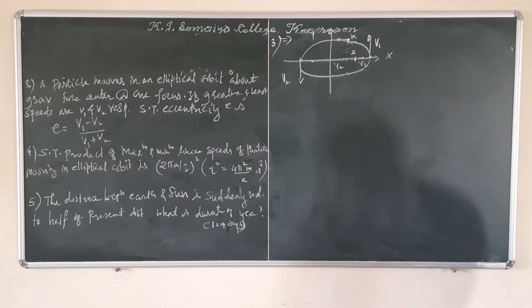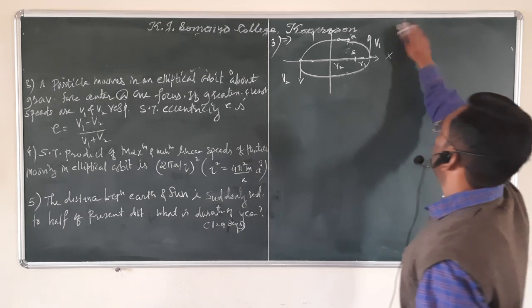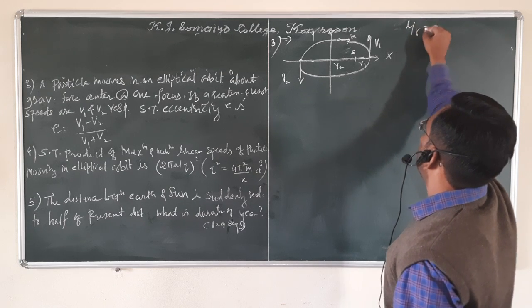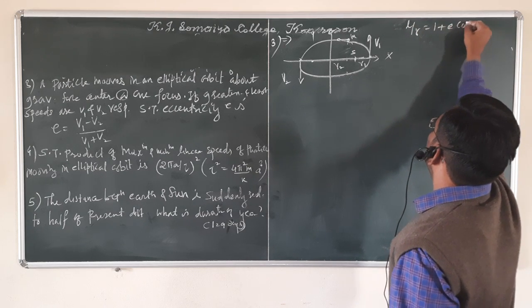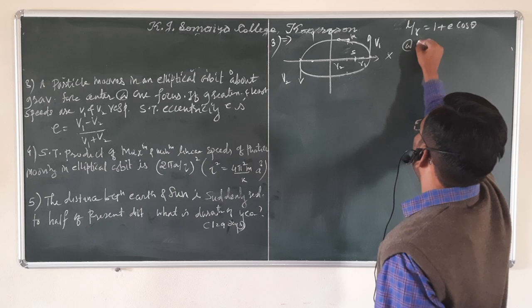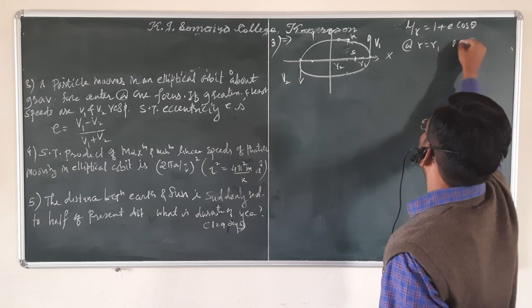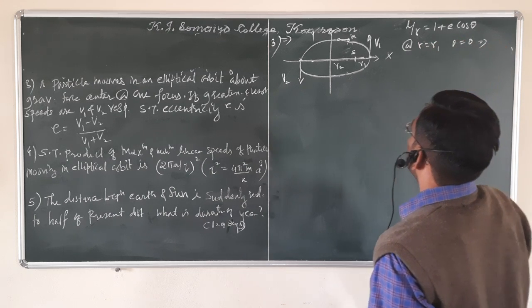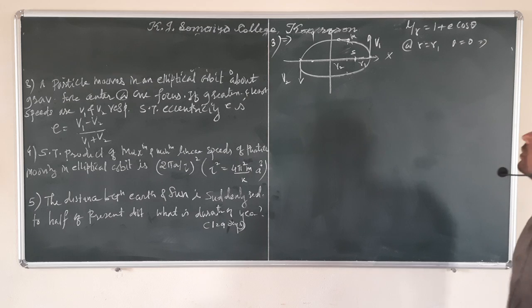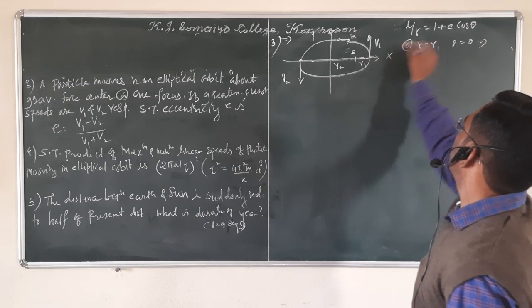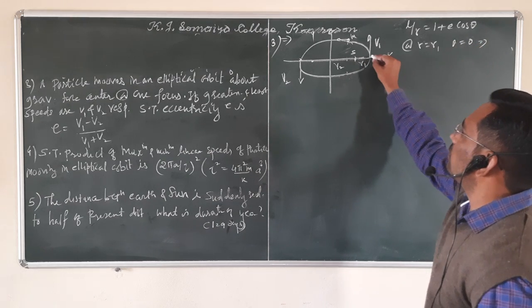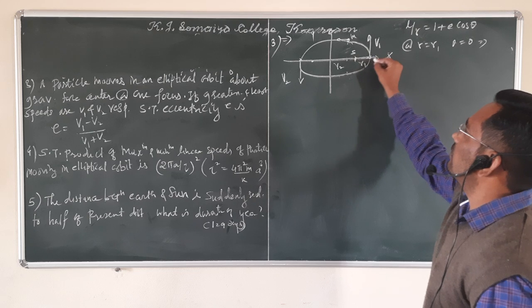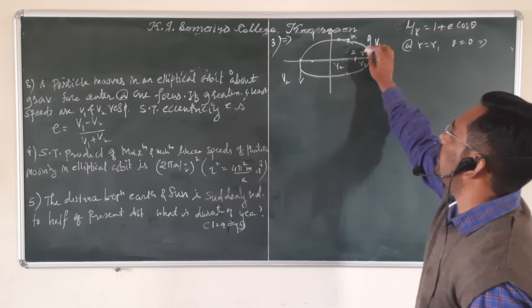Now from the equation of a conic section, we know that L upon R is equal to 1 plus E cos theta. So at R is equal to R1, theta is equal to 0. What does it mean? If you put R is equal to R1, theta is equal to 0, it means we are over here. R is the distance between sun and planet.